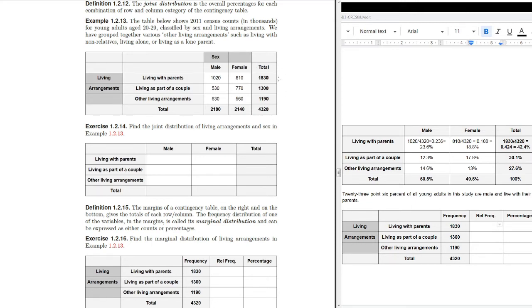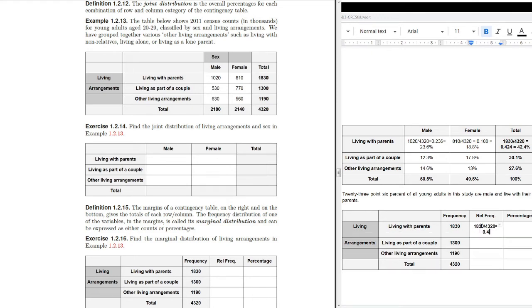We will take each frequency and divide it by the grand total. Now these calculations have actually already been done when we found the joint distribution. So for example, we will take 1830 and divide it by 4320, and that gives us 0.424, which is 42.4%.